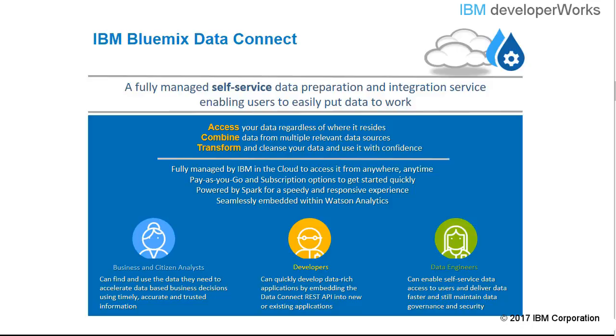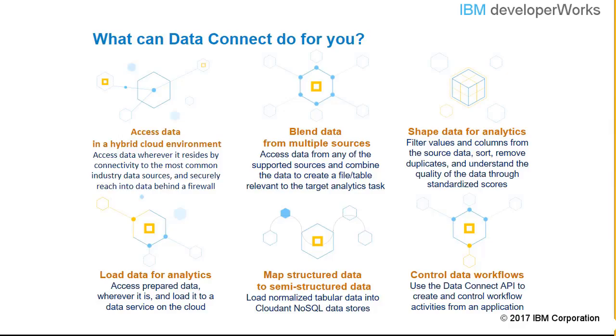Developers can enhance existing applications by embedding the Data Connect capabilities into these apps via the REST APIs. And data engineers can enable others in the organization to access data in a self-service manner while still maintaining data governance and security. So let's look at some of the capabilities of Data Connect.